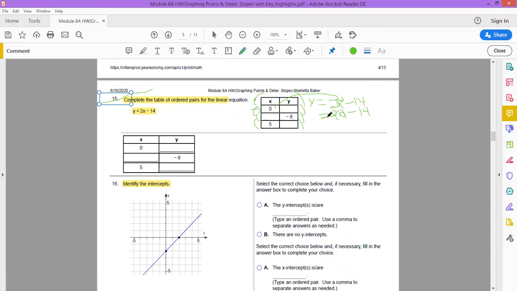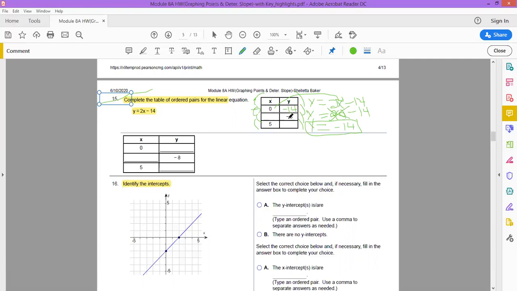On the left side, we have the equal sign and y. If I simplify this, 2 times 0 is just 0. So y is -14. In the first row, we'll replace y with -14.